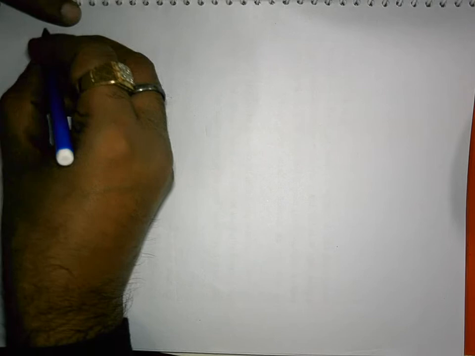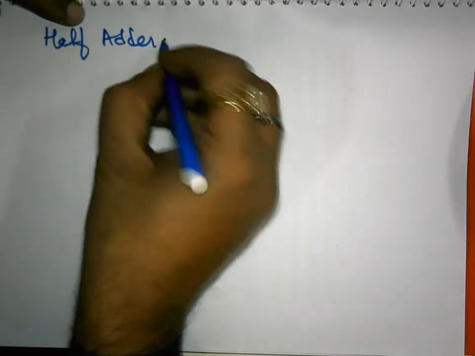Let us proceed to the design of simple combinational logic circuits, starting from a very simple one. And the simplest combinational logic circuit that we can start with is the half adder.